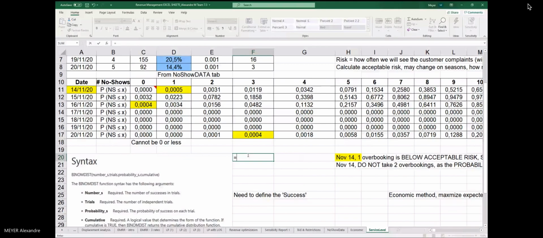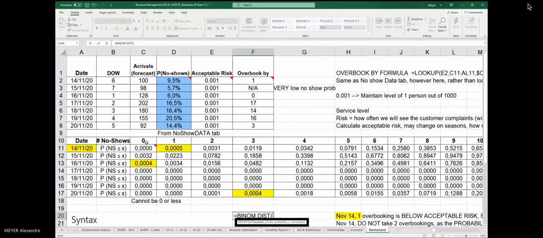So you're looking at the probability of the number of no-shows that you're going to get. So here you're going to click, this would be your number S. The trials will be the number of arrivals. Right? So essentially what you're going to do with this is you're going to say, well, looking at the number of arrivals and the probability of a no-show, what is the probability that I'm going to get a dissatisfied guest? So essentially here your trials is the number of independent trials, right?